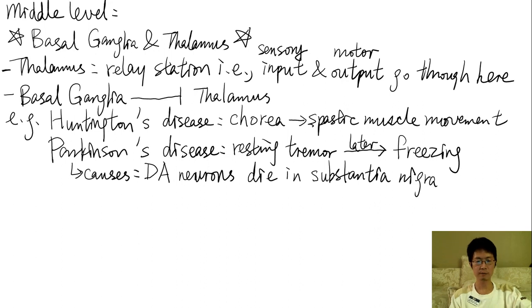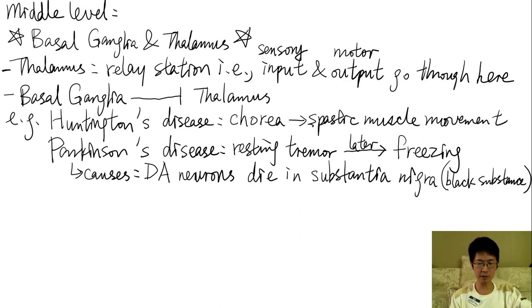Substantia nigra literally means black substance. This is the Latin meaning as well, black substance. Nigra means black, substantia means substance.